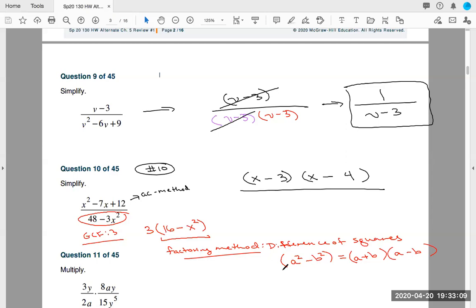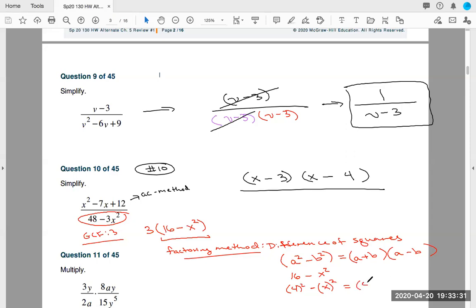So compare here. You have 16 minus x squared. 16 is 4 squared, and x squared is the quantity x squared. So hopefully you can see in this case, a would be 4 and b would be x.